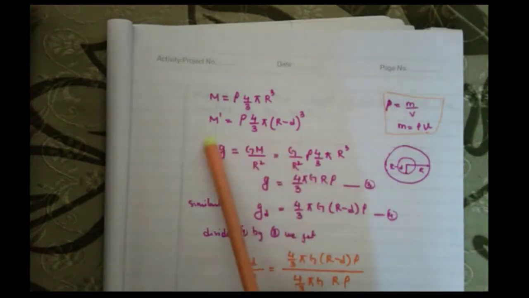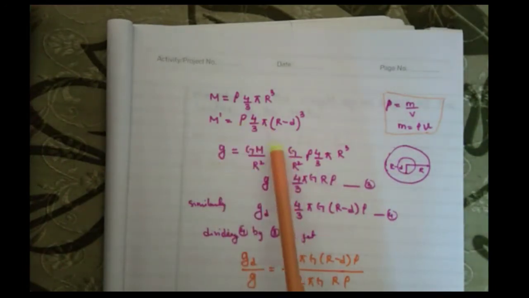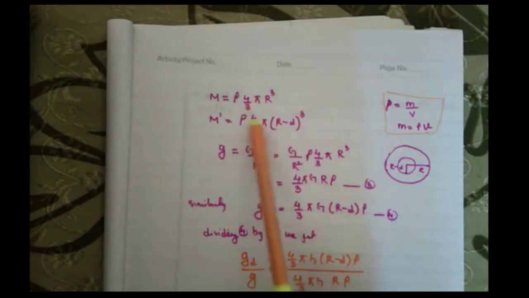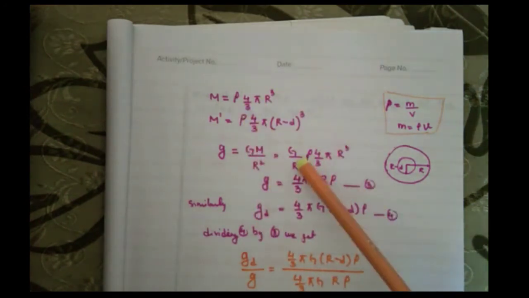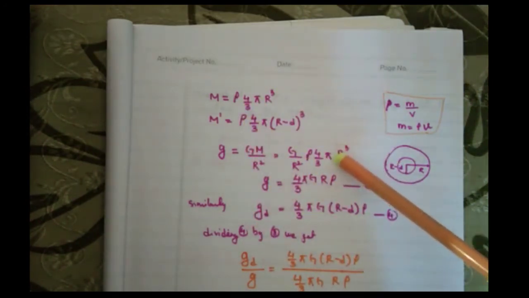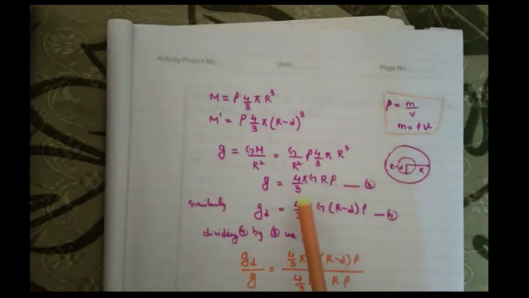Now we will put the value of M from here. If you put the value of M, this R square and this R square cancel, so we are left with g equals 4 pi G R rho by 3. Similarly for g_d, I only have to change the radius, other things remain the same.